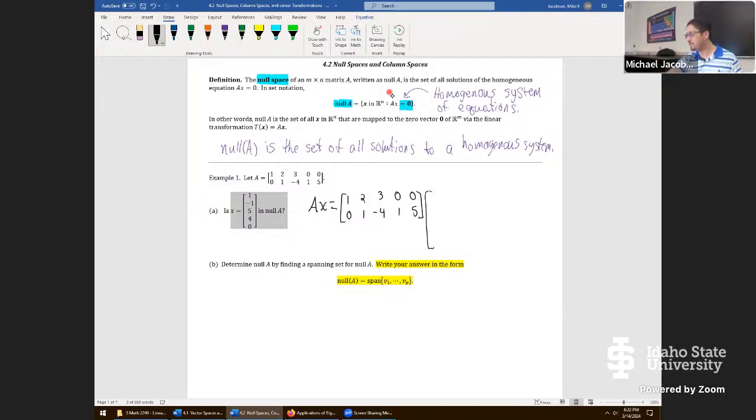I mess it up otherwise. So here's A times x, with x being 1, negative 1, 5, 4, 0. The result will be of size 2 by 2, since the original matrix has 2 rows. And multiplying corresponding entries, we get 1 minus 2, so we're at negative 1, plus 15, so we're at 14, plus 0 plus 0, and we get a 14 here.